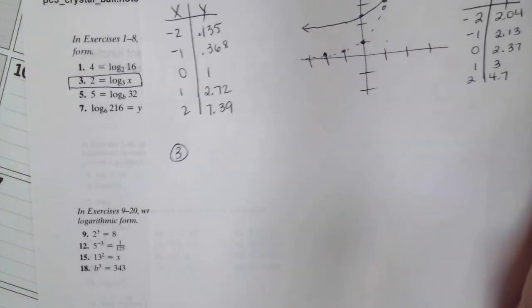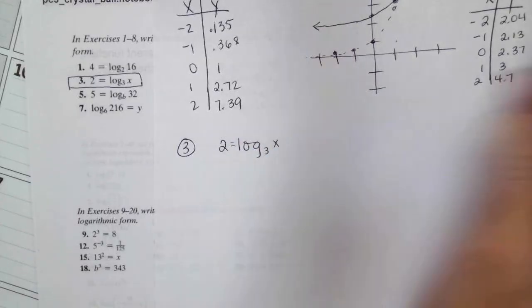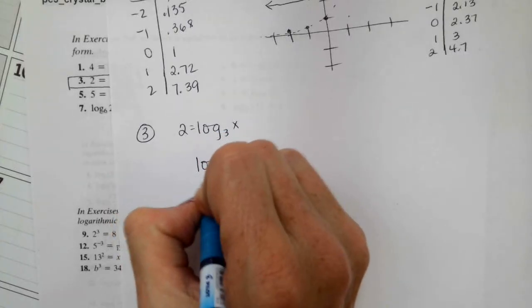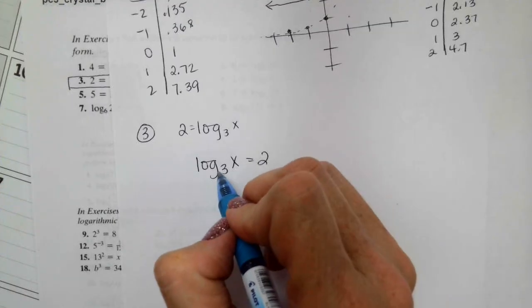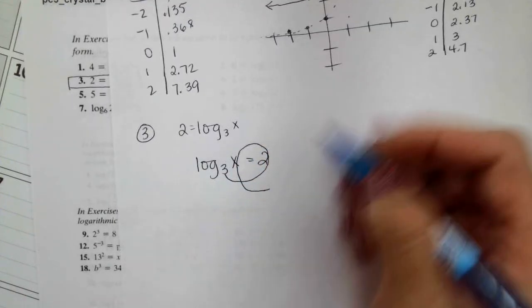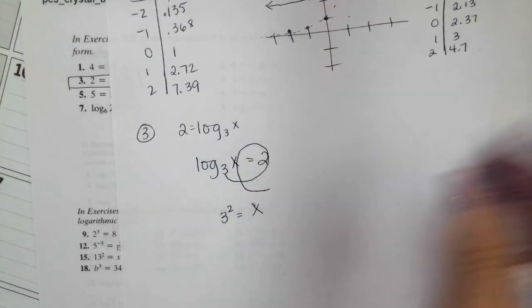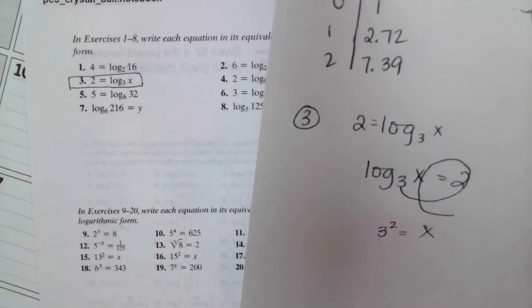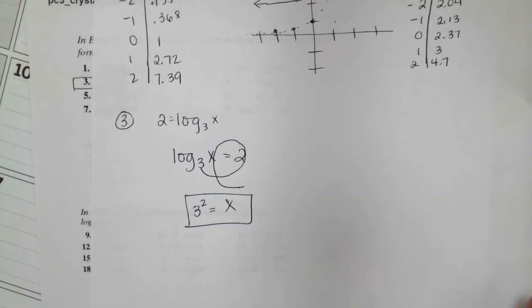I've got 2 equals log base 3 of x, and I'm wanting to put this into exponential form. So I would rewrite this as log base 3 of x equals 2, and then we know it's 3 to whatever this power is equals that x. So this would be 3 squared equals x. Do we have to evaluate it? No, we just have to put it in its equivalent exponential form, and that's it.